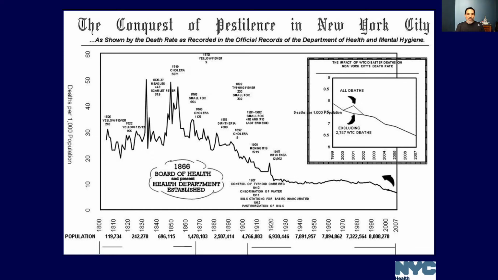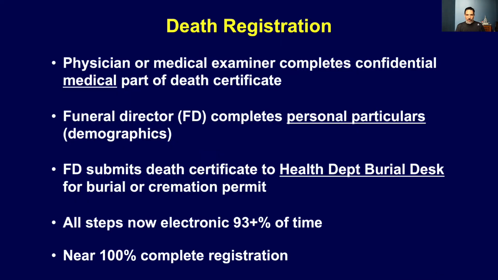So what actually happens with death registration in a vital registration jurisdiction? Well, in New York City, we have mandatory death registration. A physician or a medical examiner who attends the death completes part of the death certificate called the confidential or medical part.